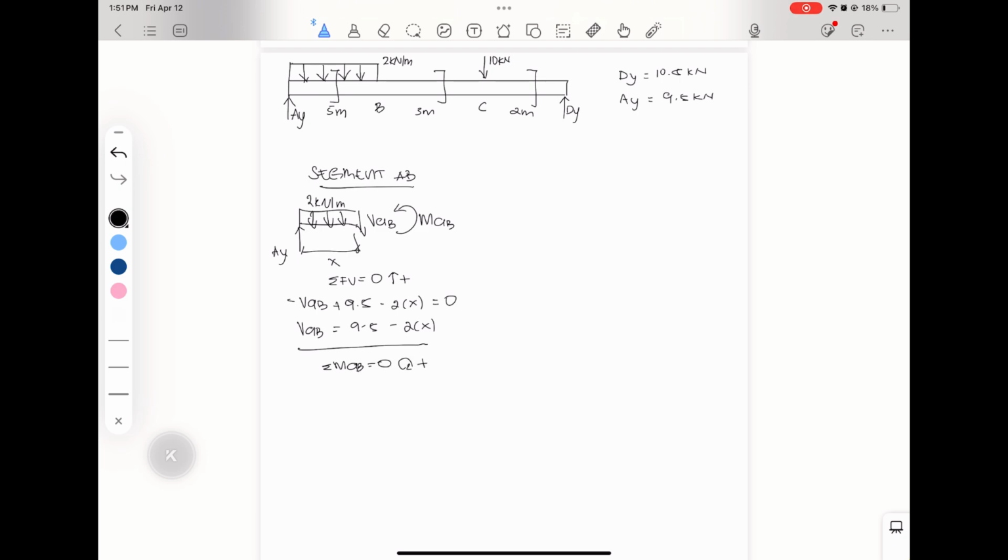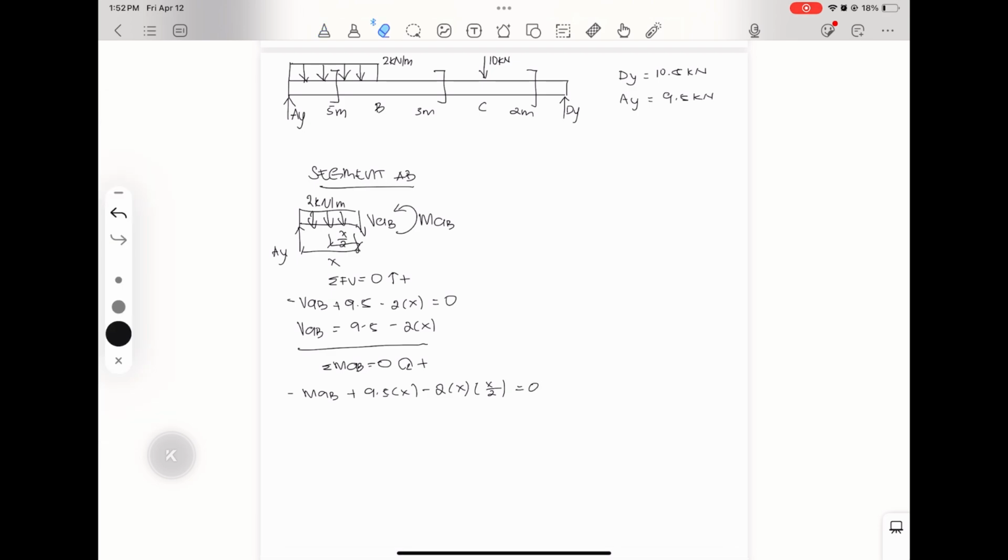Clockwise is positive, so minus MAB. And then here, AY is positive, so plus 9.5, and the distance is X. Then next is the 2, so minus 2X, and then the distance is X over 2 because it's half here. See, X over 2, so equals 0.